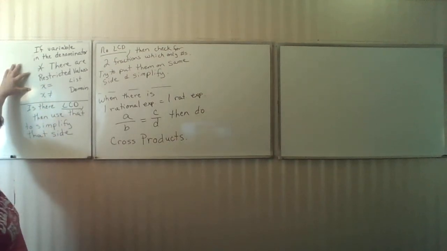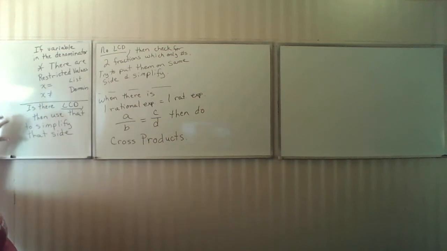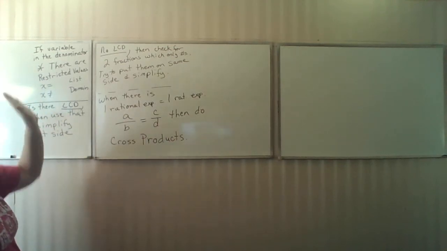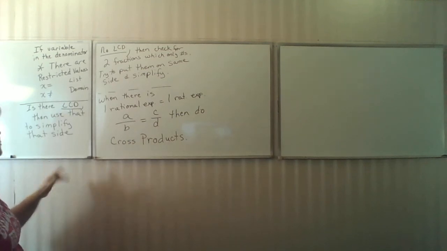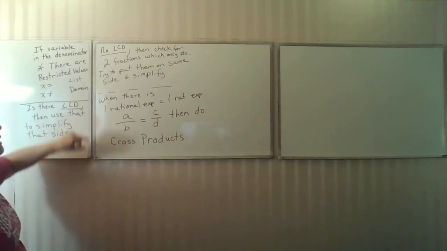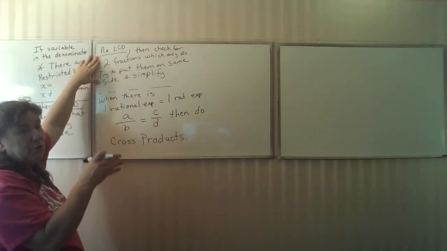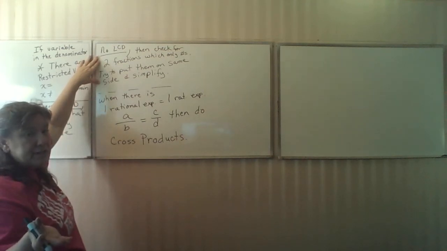First, do your restricted values, if there are any. Then you look to see if you have an LCD on one side of your equation. If you do, you simplify and then do cross products. If you do not have an LCD, do you have a fraction on one side with only numbers and a fraction on the other side with only numbers?